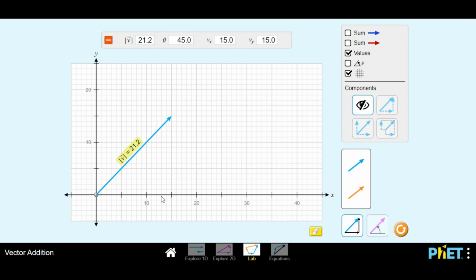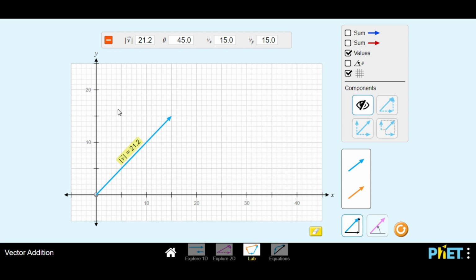That's the vector component in the x-axis. And for the y-axis, the same: starting from the end of the arrow, you draw a dashed line to the y-axis, and you will meet the y-axis at this point. Then you draw an arrow from the origin to this point. That's the vector component in the y-axis.